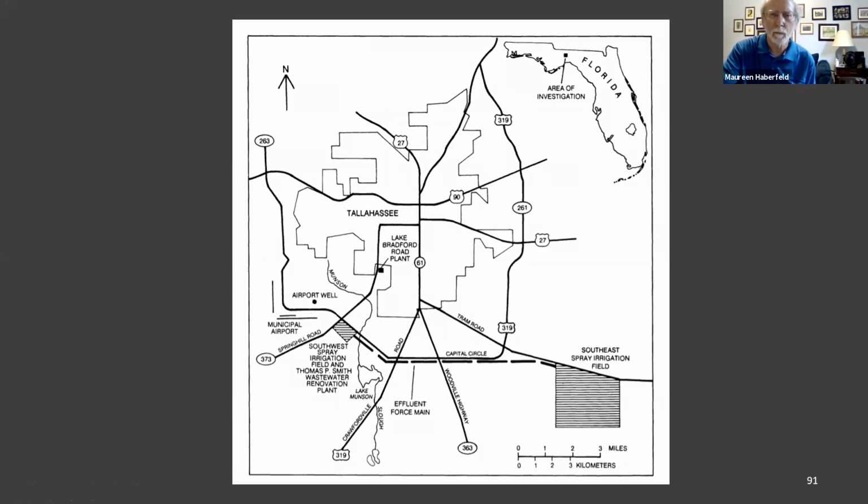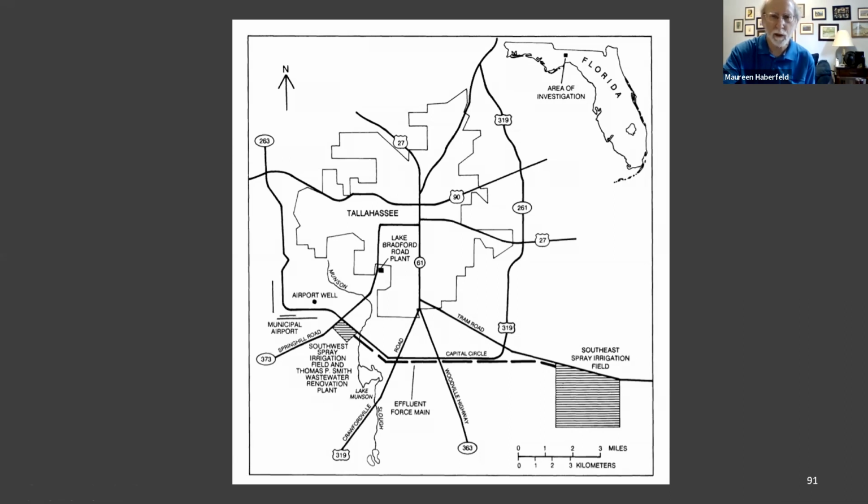And that water has a certain amount of nitrogen and phosphorus, and it's good for the crops. And they spray the land, and it provides a cheap source of irrigation water. And that water soaks down into the ground. So that's how the city gets rid of its water. They use an irrigation spray field, and they've done that for many years.